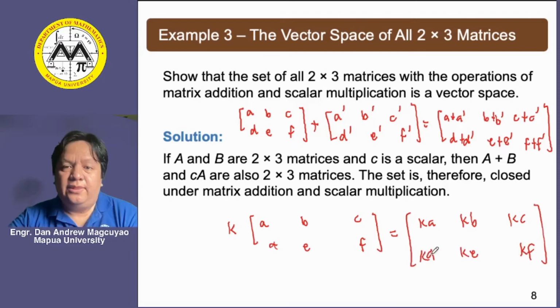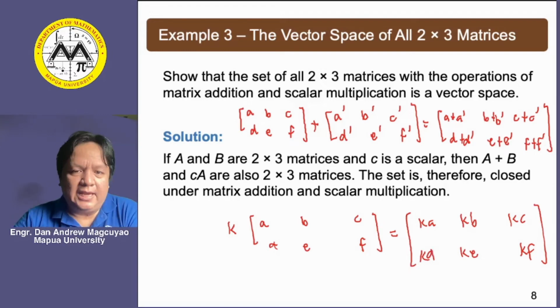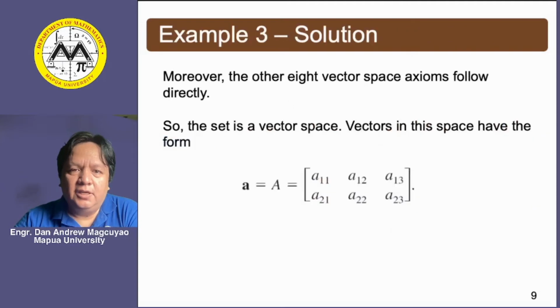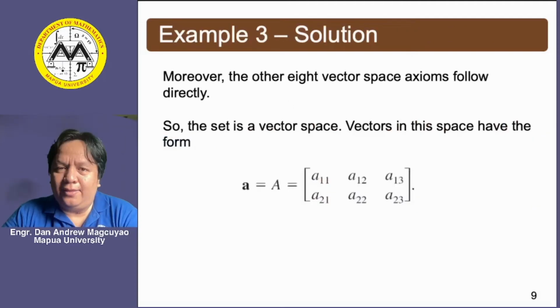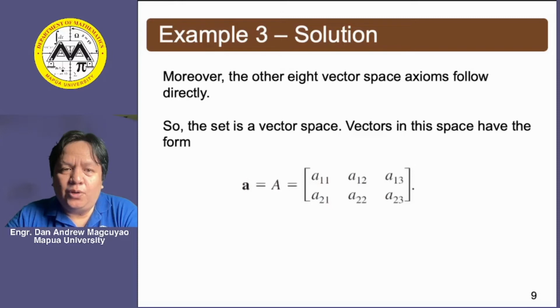So the set is therefore closed under matrix addition and scalar multiplication. Moreover, the other 8 vector space axioms follow directly. So the set is a vector space.